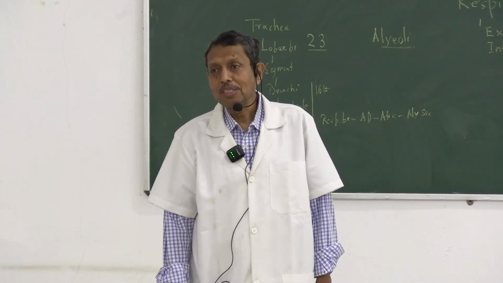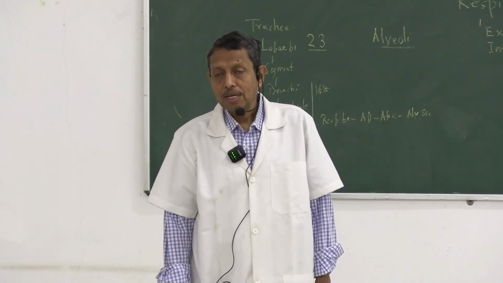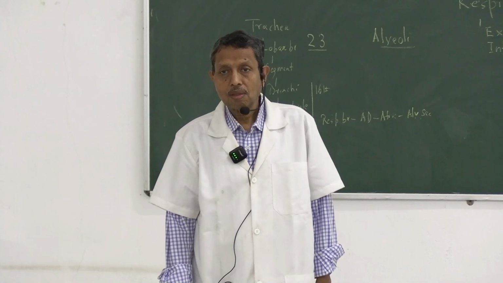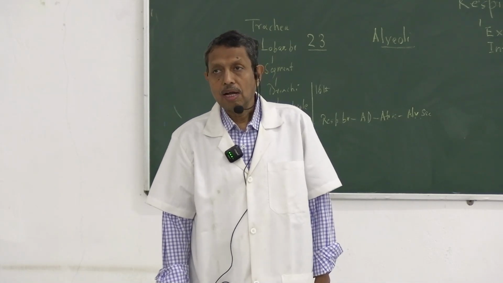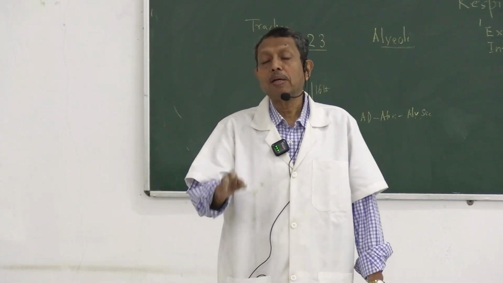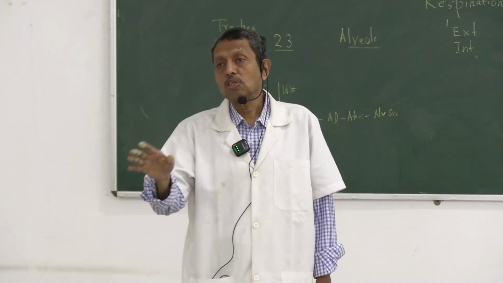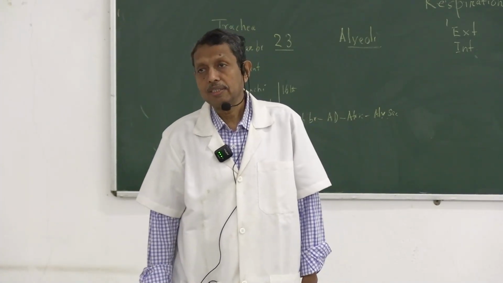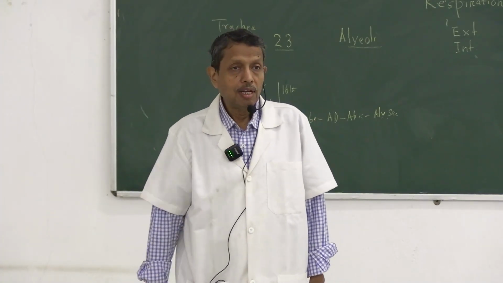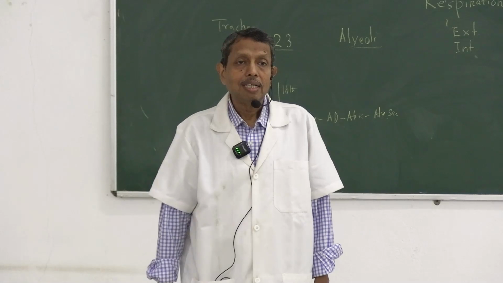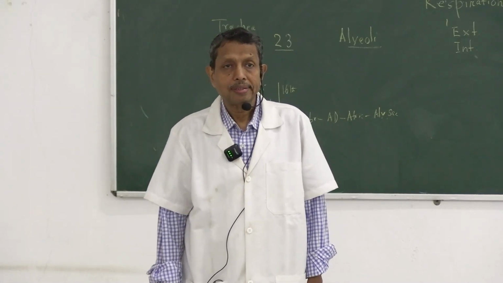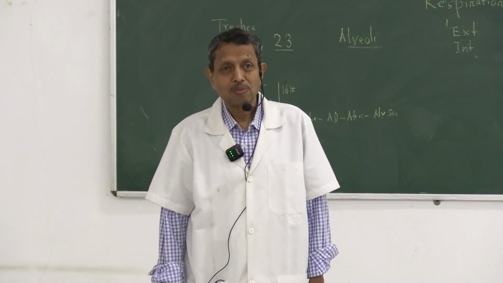But in the bronchioles, they are not present. There are no cartilages. And I request everybody of you to consult the histology text of different segments of this respiratory tract. Understood?